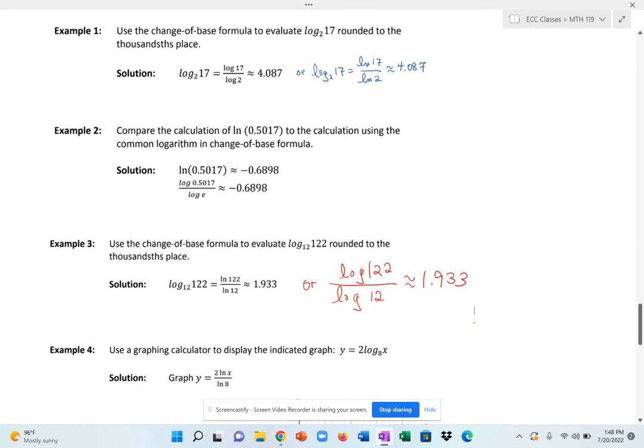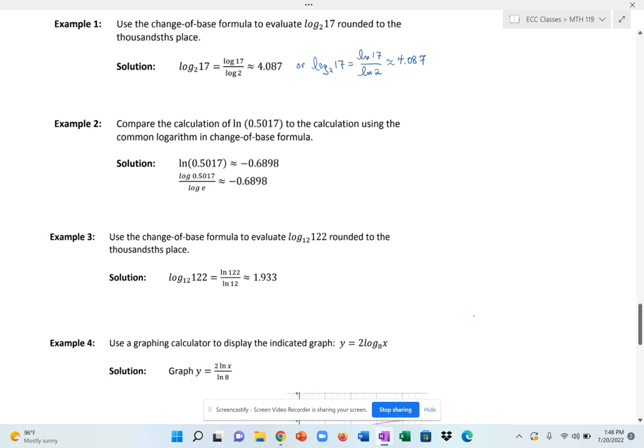So we want to use a graphing calculator to display the indicated graph of y equals 2 log base 8 of x. Like I said, a graphing calculator and also graphing calculator apps would only have a common log or a natural log, and this one is a log of base 8. So I'm going to need to use my change of base formula in order to write it in a different way.